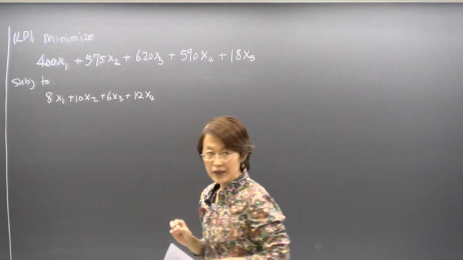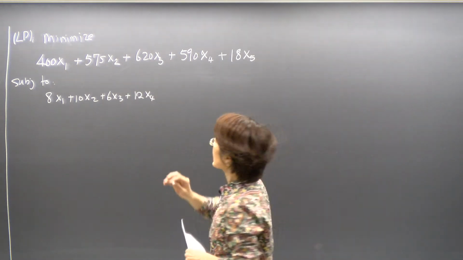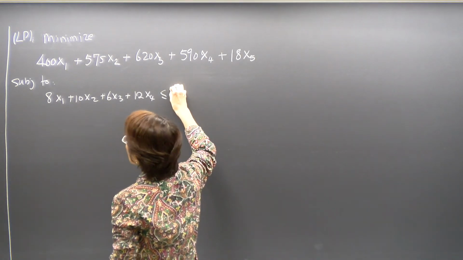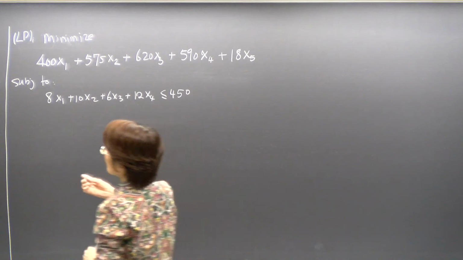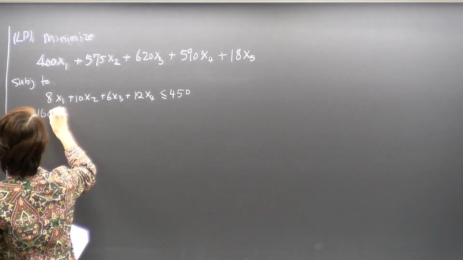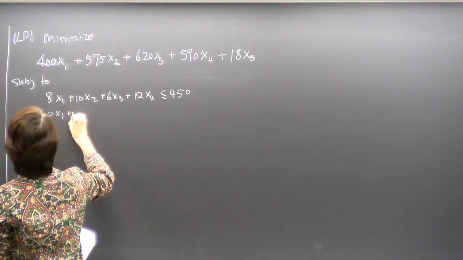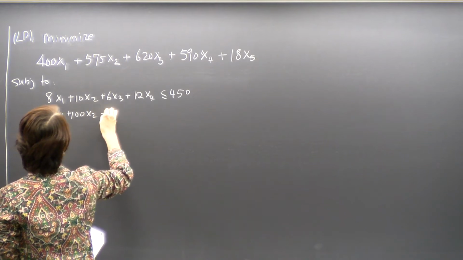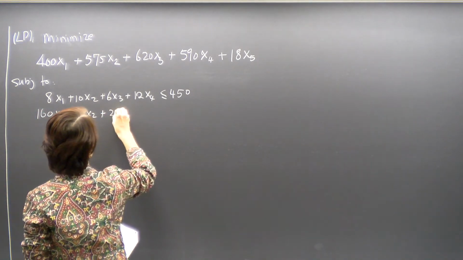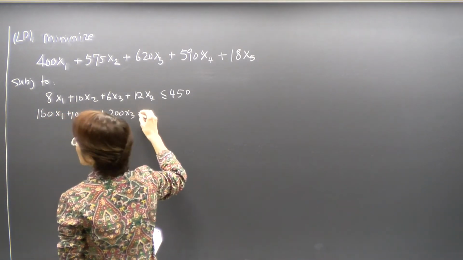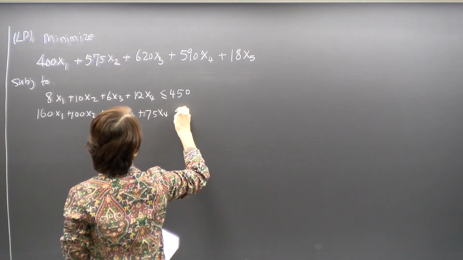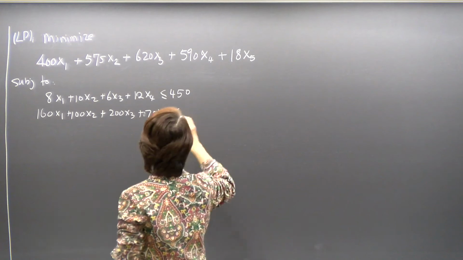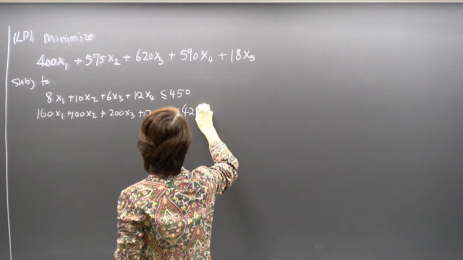That will be the total labor, right? Is it clear? That shall be less than 450. Okay, that's labor. So for material A, I have 160 x1, 100 x2, and 200 x3, and 75 x4, and that shall be less than or equal to 4200.